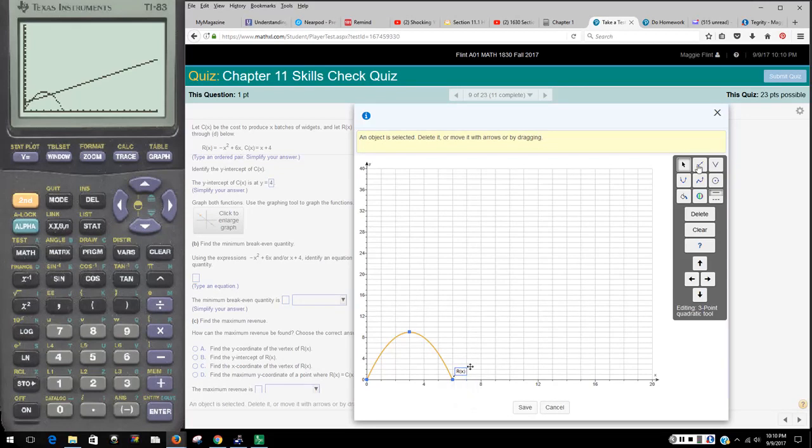Now we're going to graph the cost function. Notice that your cost function is x plus 4. It started at 0, 0. And it went up with a slope of 1. But it started from 4. So here's a slope of 1 all the way.